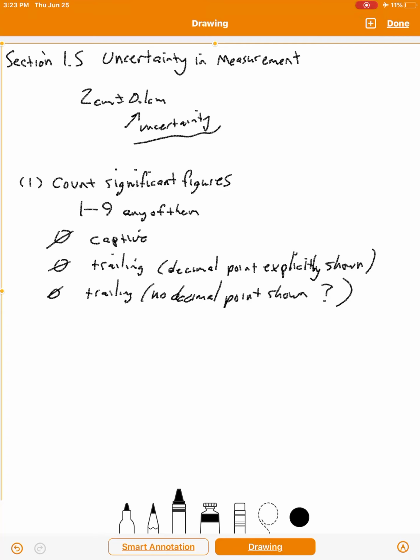Okay, so let me show you what I mean by that. I'm going to show you a measurement in kilometers.